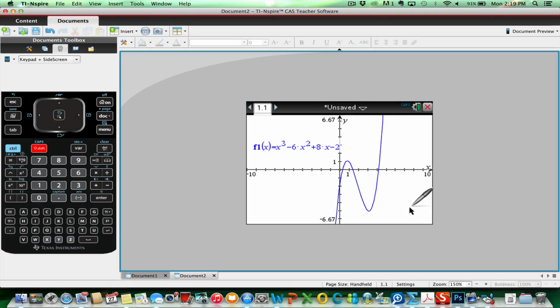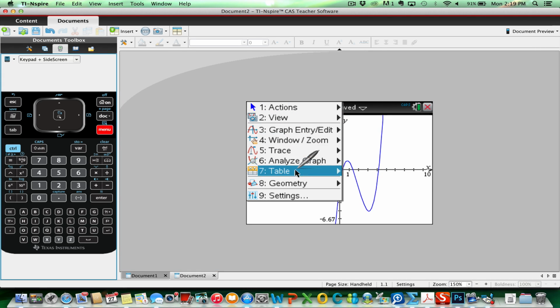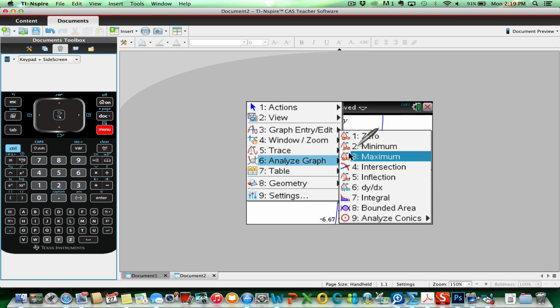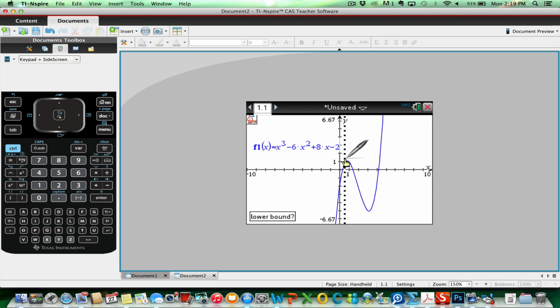Okay, so here we have our function f of x equal to x cubed minus 6x squared plus 8x minus 2. We want to figure out where it's less than or equal to 0. That means we have to find our zeros. So we're going to go to Menu, Analyze Graph, and hit 0. When we do that, a little line comes across the board, so we're going to hit left bound and right bound, and we see there's a 0 right there. And let's go ahead and do the other one.